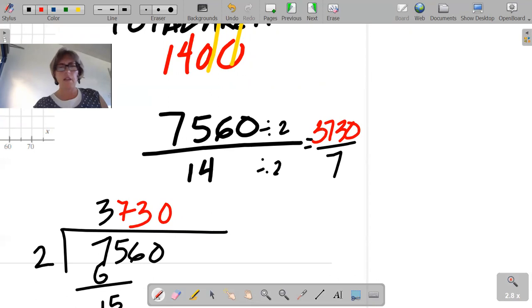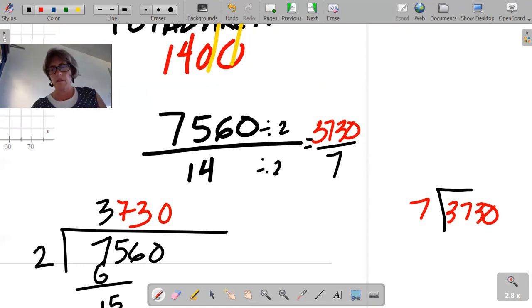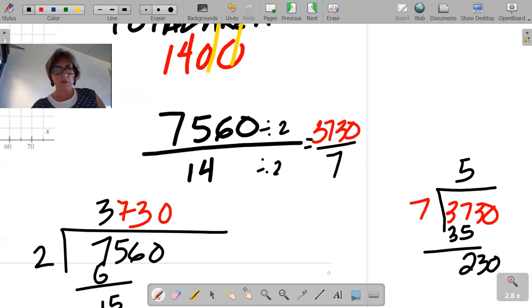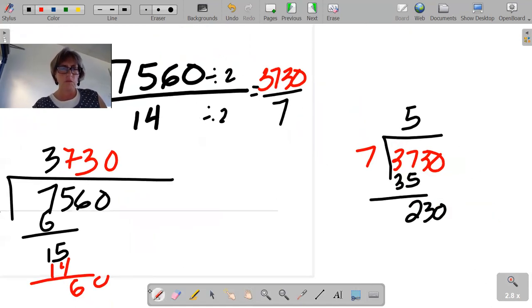Now I'm going to take this and go 7 into 37. 7 goes in there 5 times, 35. Bring down the 3, that's 23. 7 goes in there 3 times.